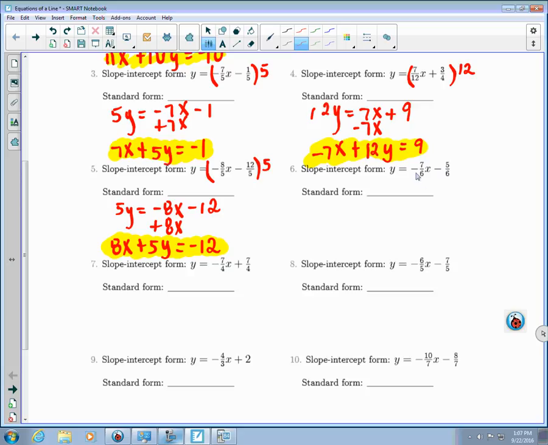All right, over here. There you go. See, that's what I like to hear. So that would be 6y. And then after that, negative 7x minus 5. And then plus 7x. All right, so 7x plus 6y equals negative 5.